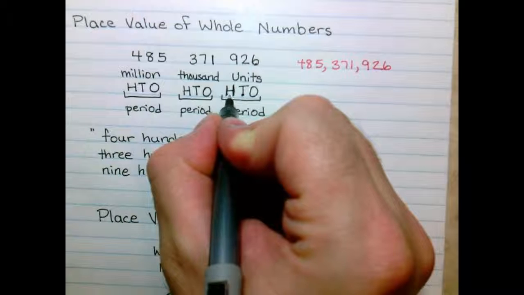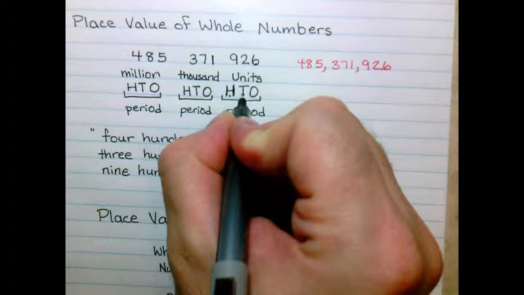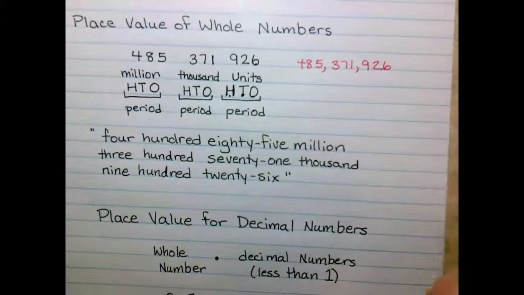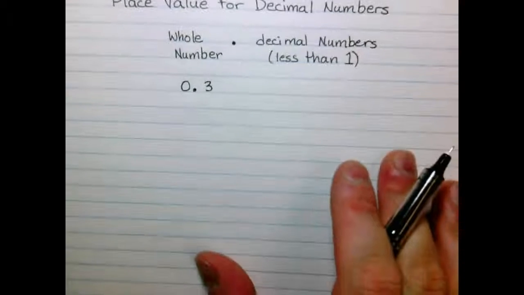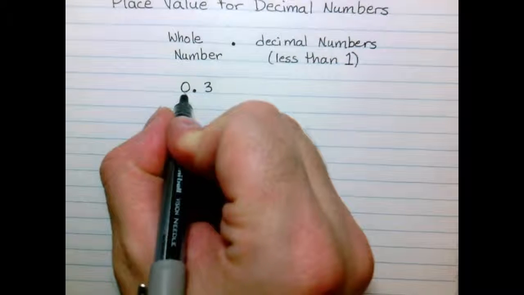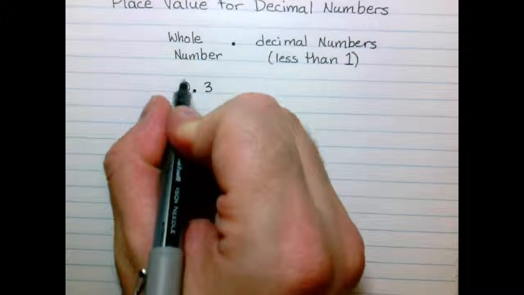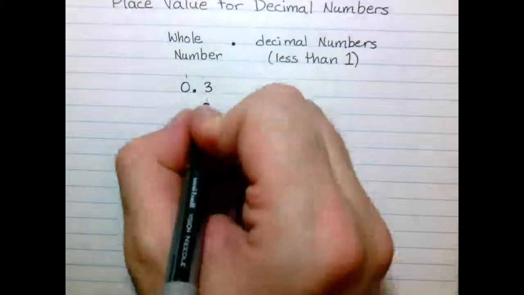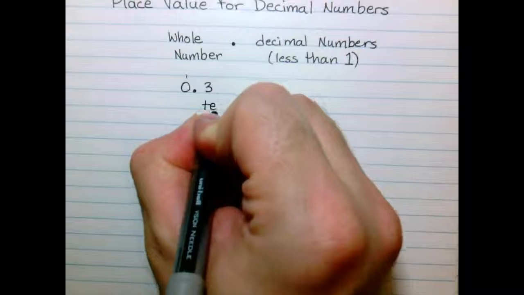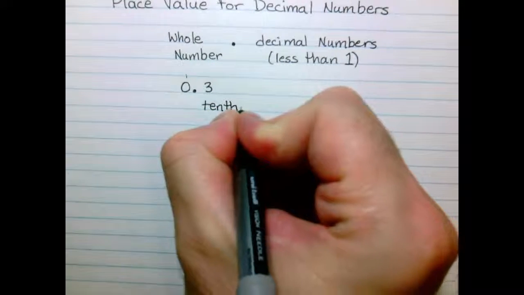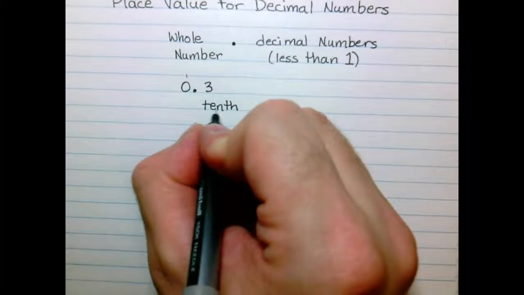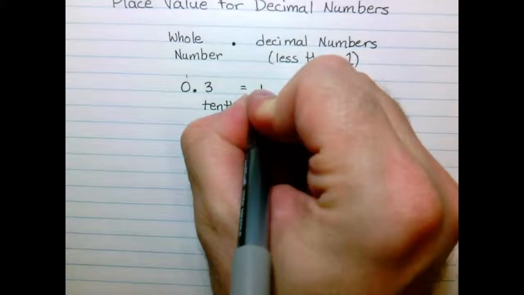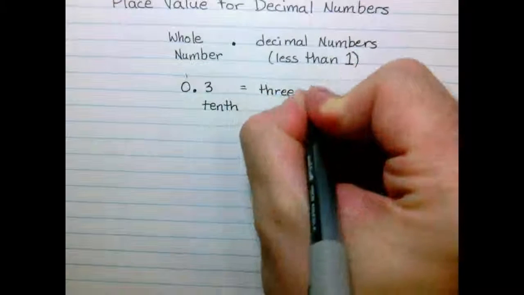So if we move backwards, from a 100 to a 10, it's 10 times smaller. From a 10 to a 1, it's 10 times smaller. Go down to our decimal numbers. These are a whole, or the ones place, or the units place. 10 times smaller, we get a tenth. Take one whole and split it into 10 pieces, you end up with a tenth. So this number would be written as 3 tenths.